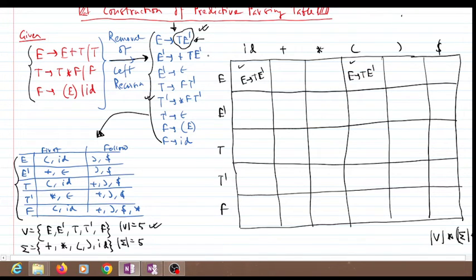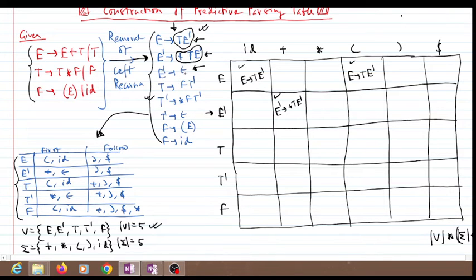Now we have to consider the next production rule. That is for the E dash, so we will fill up this row. Now we have to find the first of this right hand side. So first of plus T E dash will be plus. So here we will fill this with the corresponding production. Now we have to consider this third production rule.